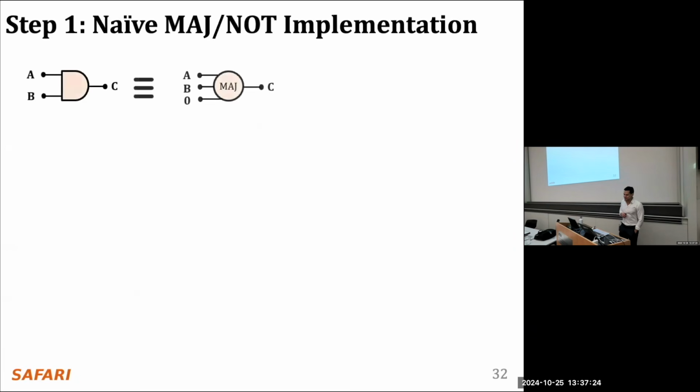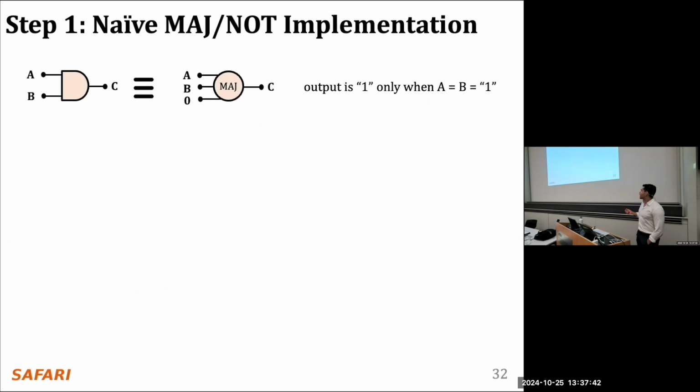So the first step here, as I mentioned, is just to convert the input AND/OR/NOT graph into its equivalent majority-inverter graph. This can be done naively by using the same equivalence that the Ambit paper uses.